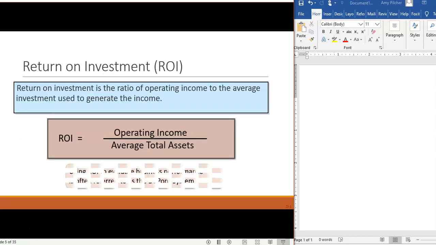How we use the DuPont method is looking at the return on investment. So the return on investment is a financial statement ratio analysis that we've already looked at in previous chapters, where we look at the operating income to the average investment used to generate that income. So we use ROI to evaluate performance. That's called the DuPont system.